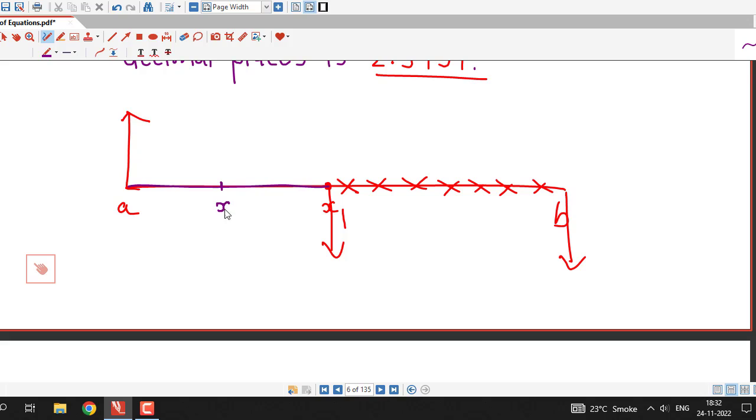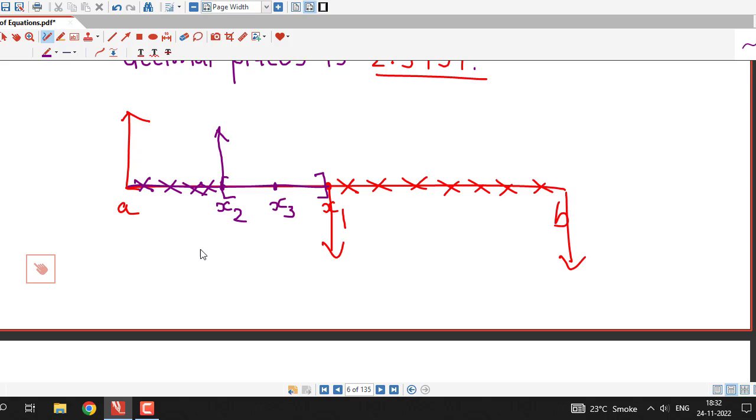We consider the average of a and x1, and that is x2 say, and we then find out the value of the function at x2. Suppose f of x2 is positive, then the root cannot lie in this interval. So our search interval becomes x2 to x1. So again we take the bisection of this interval. We denote the next approximation by x3.